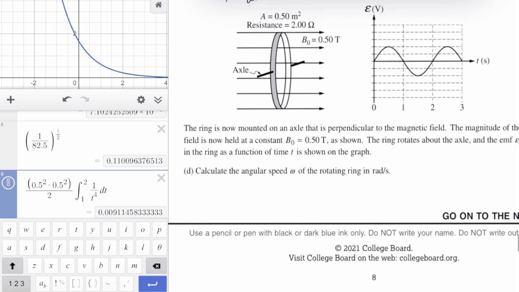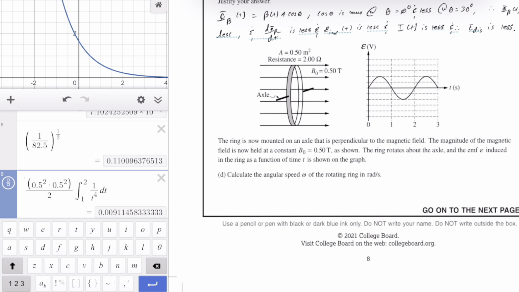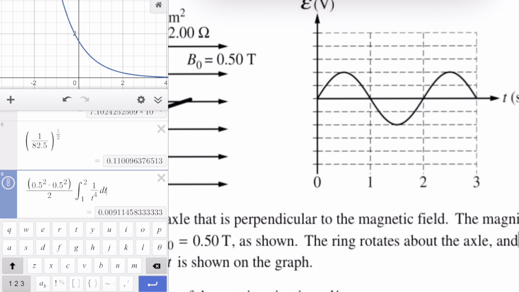So now a ring is mounted on an axle that is perpendicular to the magnetic field. The magnitude of the magnetic field is now held at a constant B naught equals 0.5 Tesla as shown. The ring rotates around the axle, and the induced EMF in the ring as a function of time is shown in the graph. That looks like a sine curve to me, but that's okay. Calculate the angular speed of the rotating ring in rad per sec. So let's think. Whenever we have this graph, the period, right?